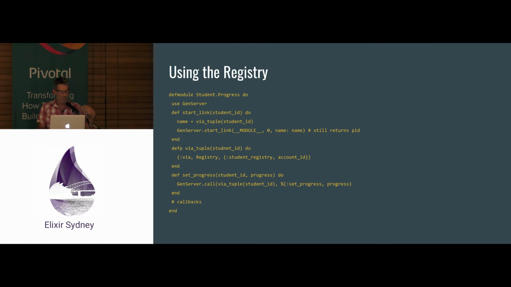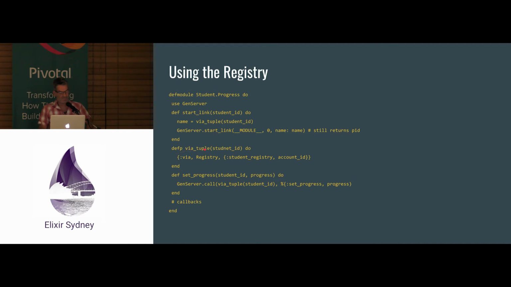How do we go about using it? In this case, you can see it's pretty much the same. It's a student progress, it's a GenServer, we've got our start link. But in this case, we do a lot with students at Blake, so we're passing in a student ID. So we're using the name, but we're getting the name from this via tuple function. You can see there's a function here, via tuple. I'm passing in the student ID, and that via tuple function passes the, yes, student, my most common typo.